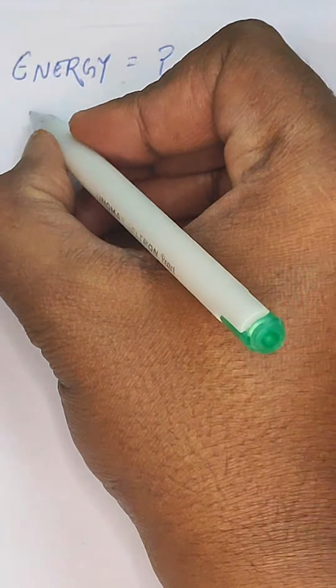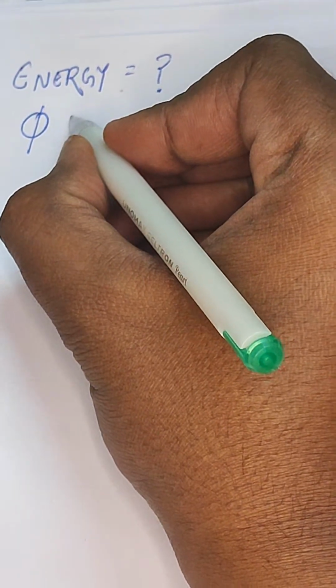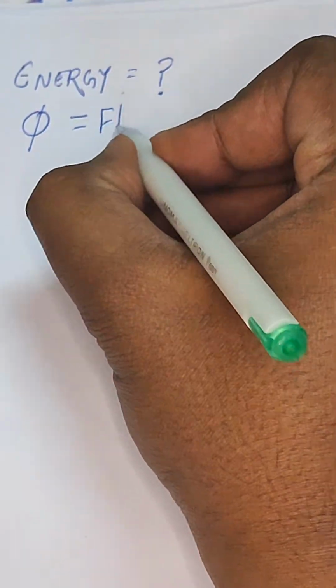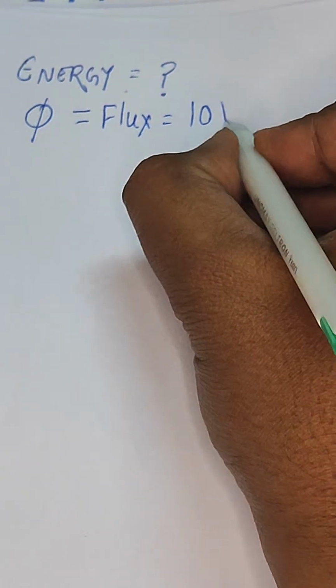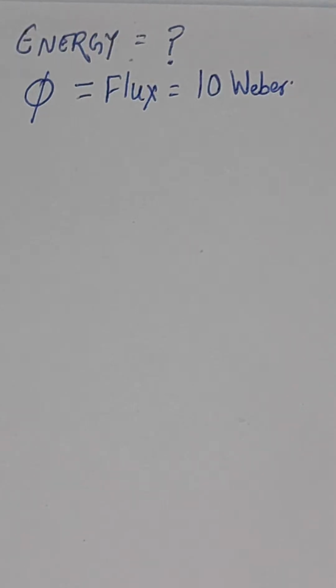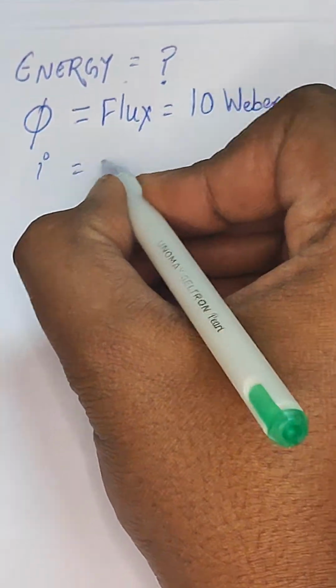So the flux given to you, phi, is 10 Weber, right? Now the question is the energy stored in the magnetic field when a current of 10 ampere, it's also given that current is 10 ampere.